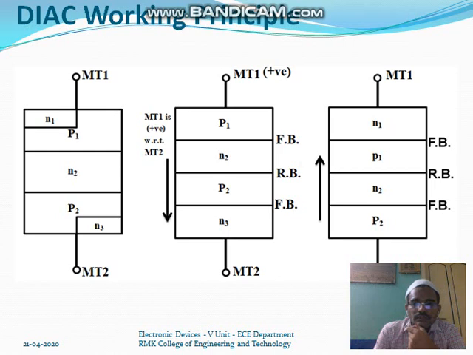The current in between will be due to the leakage current, that is due to the minority charge carriers. So the current will be very minute, and that current will not be very high.